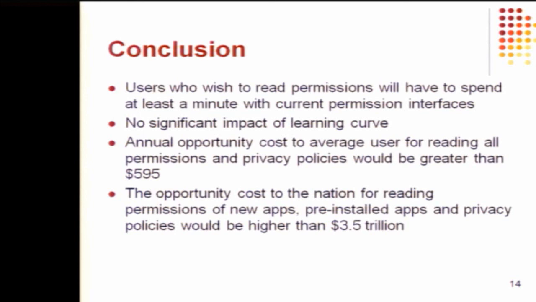The annual opportunity cost for reading permissions and privacy policies would be greater than $595, which was only for privacy policies. So combining all of them, it will be much higher. The opportunity cost to the nation for reading permissions of new apps, pre-installed apps, and privacy policies would be much higher than 3.5 trillion, which was the projected cost for reading all of these at work.